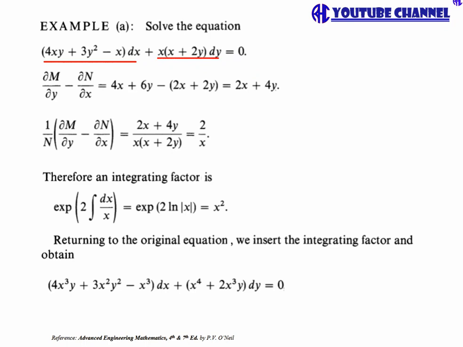So, ngayon, kailangan natin kunin si partial derivative of M with respect to y, tapos yung partial derivative ng N with respect to x, then kukunin natin yung difference. So, ito, yan si M. Tapos ito naman, ito si N.